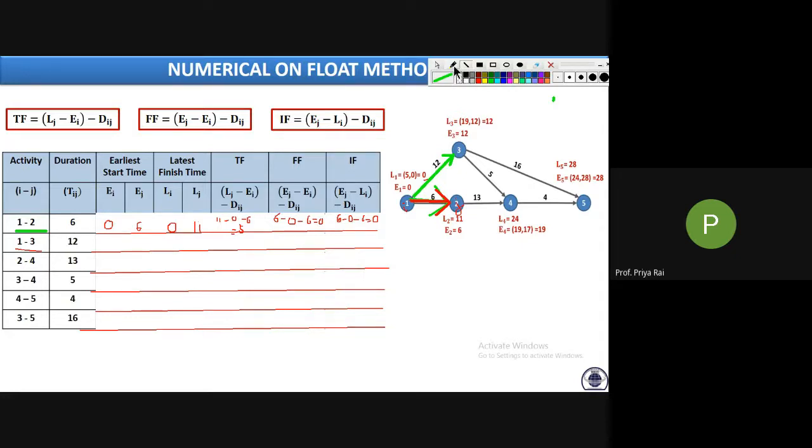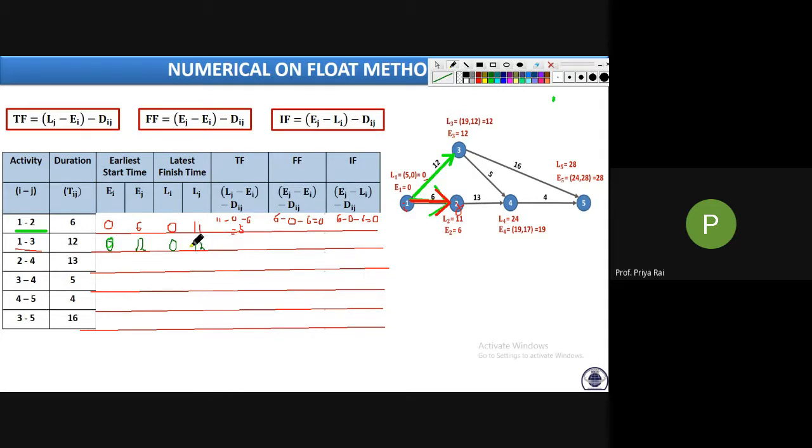Ei is 0 and Li is 0, you can write it like that also. Now see, Ej: this is j, so Ej is 12 and Lj is 12. Now calculate this value and tell me.